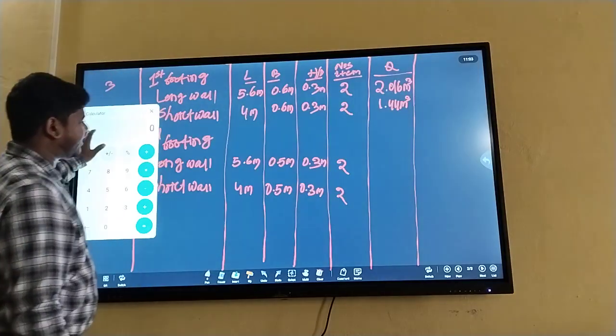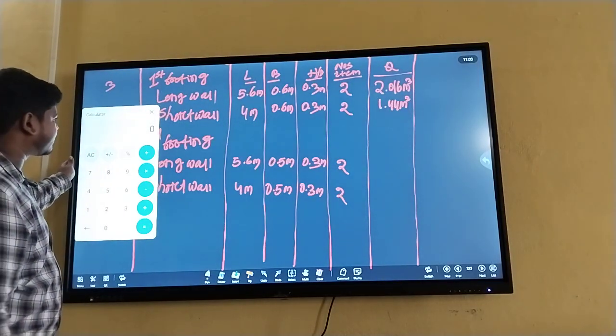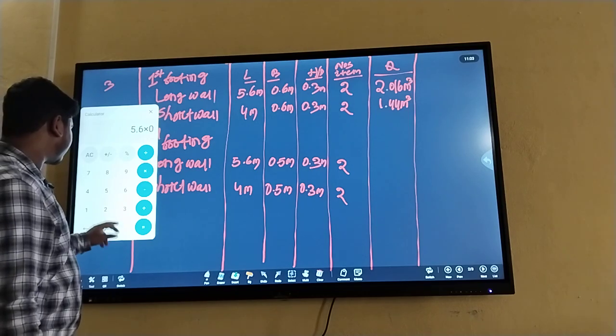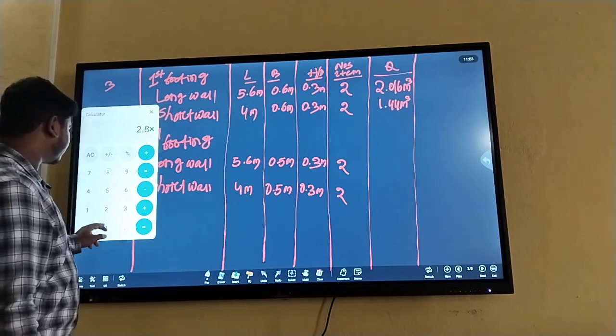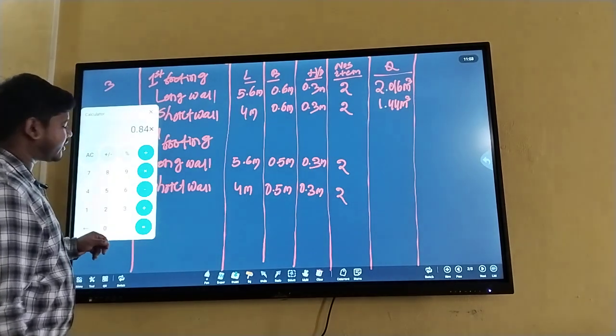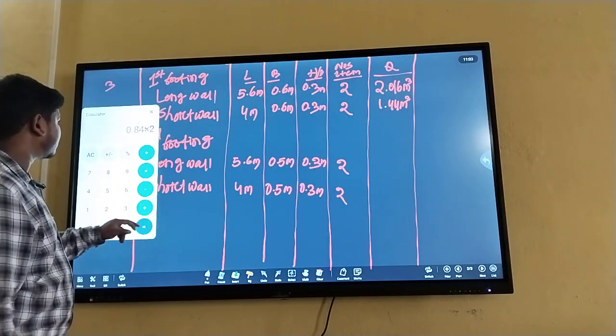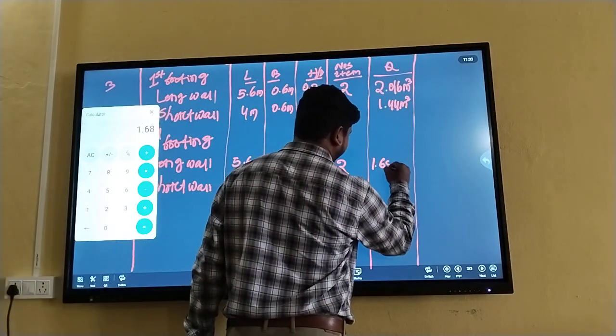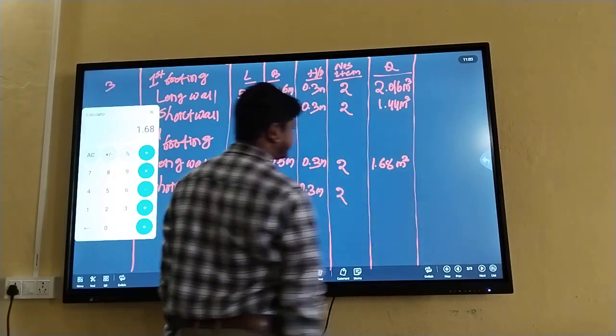Then we can find the quantity of long wall for second footing: 5.6 into 0.5 into 0.3 multiplied by 2, which is 1.68 meter cube.